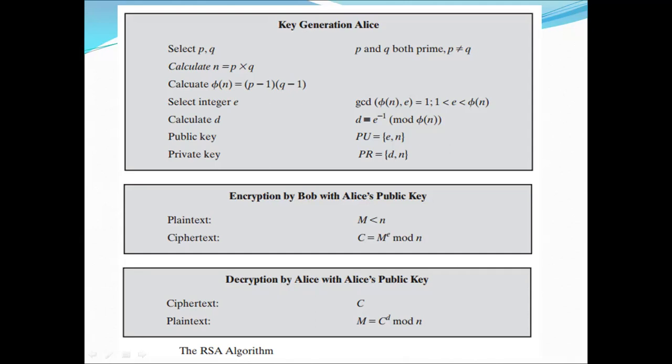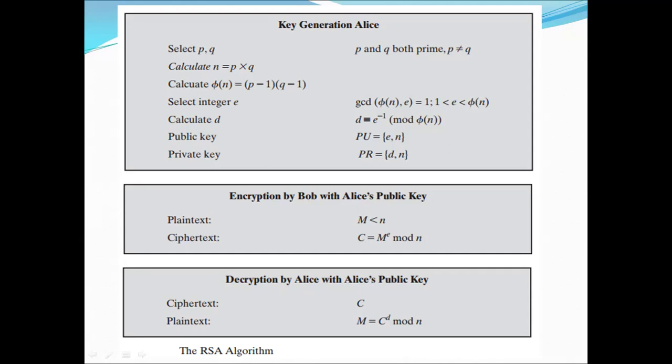Afterwards, from the calculations, we can determine the public key, which is denoted as PU equal to {e, n}, and the private key PR equal to {d, n}. Once we have determined the public key and the private key, both the sender and the receiver can calculate the ciphertext and then the plain text.